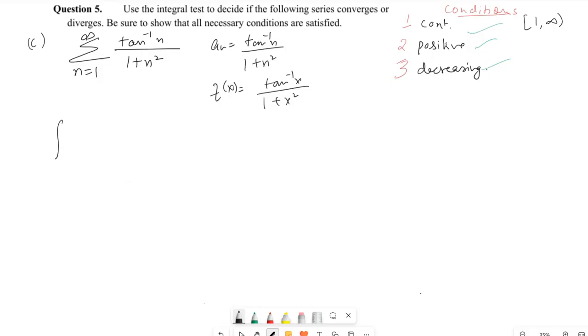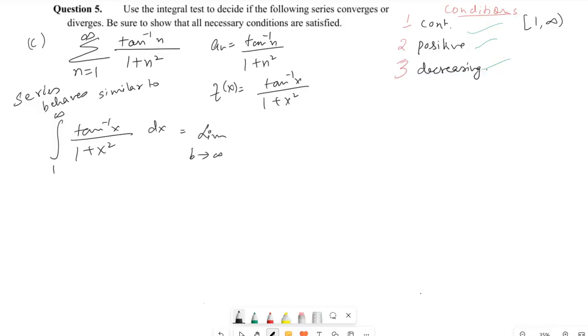What does the integral test say? This series behaves similar to the integral from 1 to infinity of tangent inverse x by 1 plus x squared dx. This is an improper integral, so I need to put a b in place of infinity, solve the integral, and at the end take the limit of b.